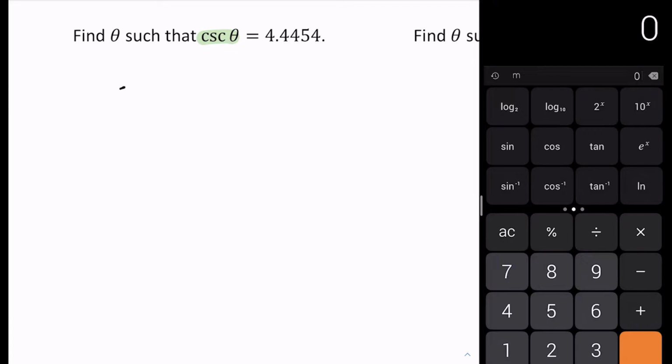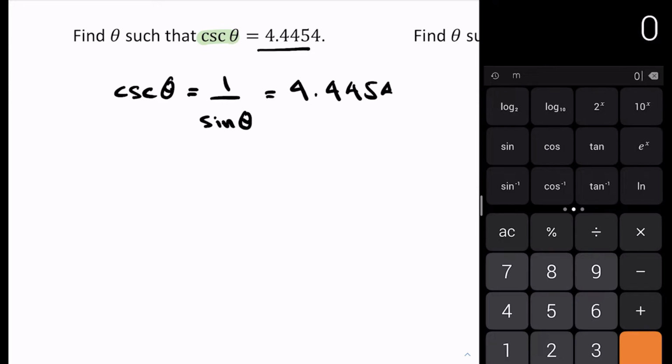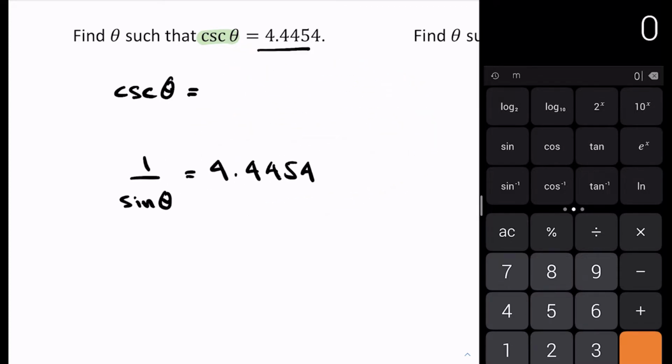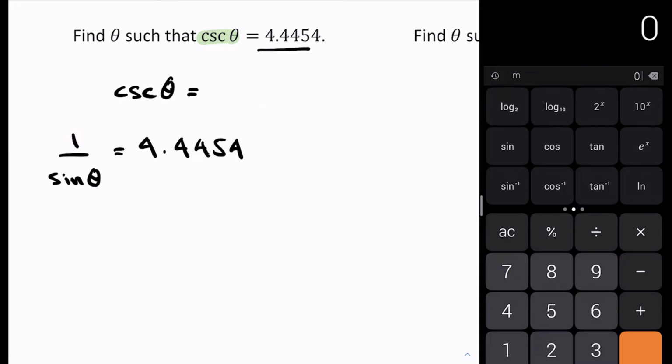Well, let's begin. So I have cosecant theta is equal to 1 over sine theta, which in this question will be 4.4454. Now I'm just going to take this part here. I don't need that cosecant anymore. I'm just going to work with this. I want theta in the numerator by itself.